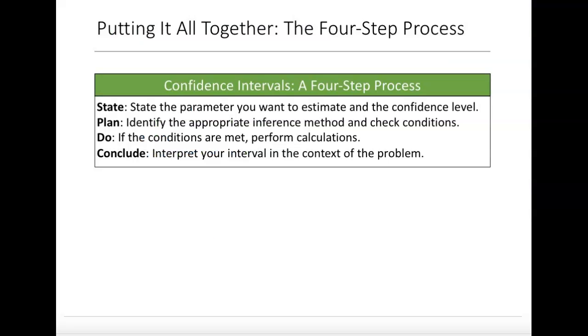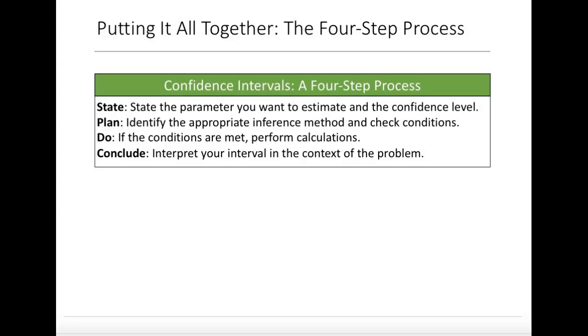So the text we use likes to organize statistical problems as a four-step process, which is state, plan, do, conclude. You don't have to write out state, plan, do, conclude, but it does help you make sure you don't forget things that could lose you points. State is to state the parameter you want to estimate and the confidence level.